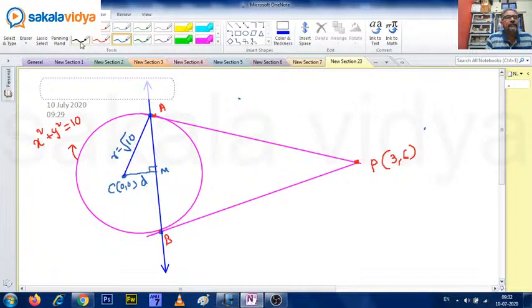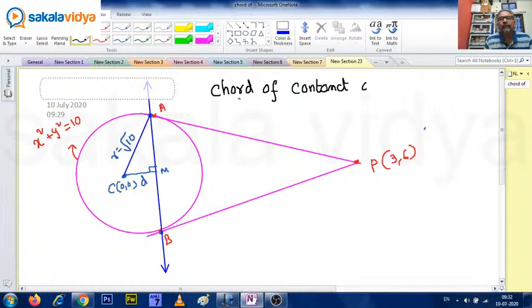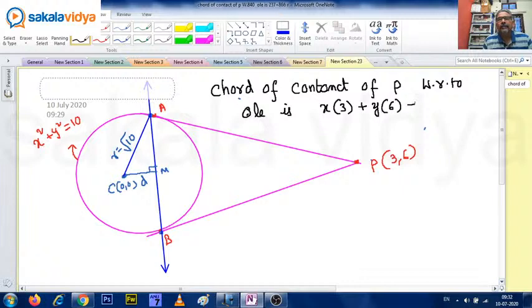The chord of contact of P with respect to the circle is x·x1, x into 3, plus y·y1, y into 6, minus 10 equals 0. That will be 3x plus 6y minus 10 equals 0.